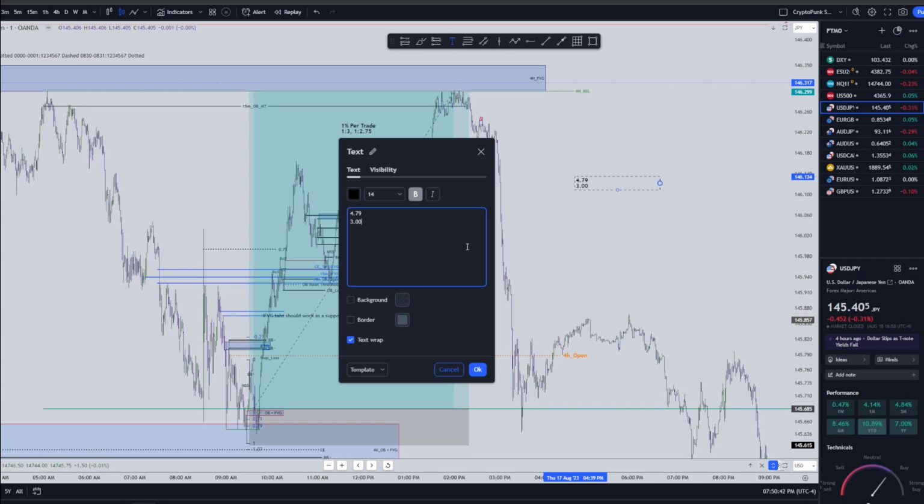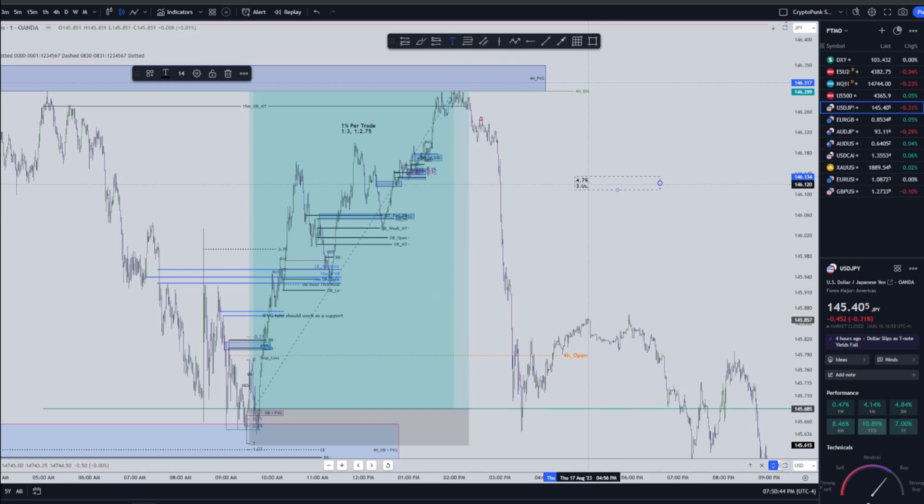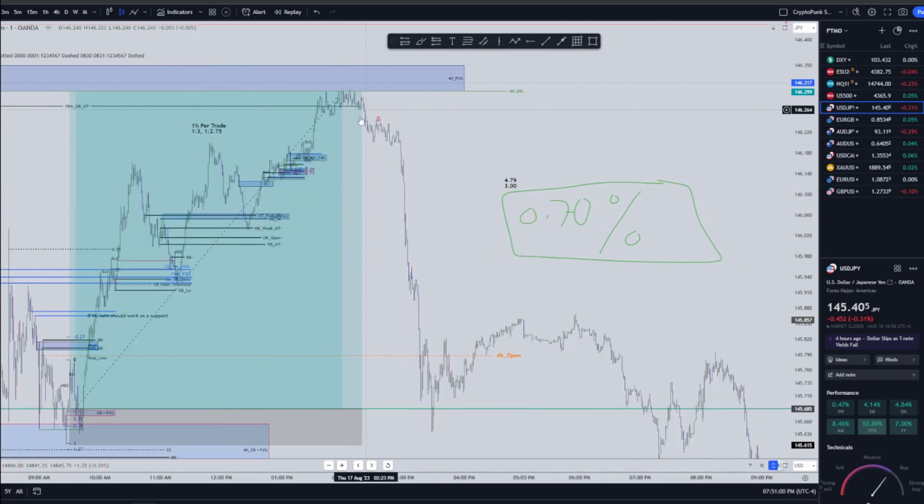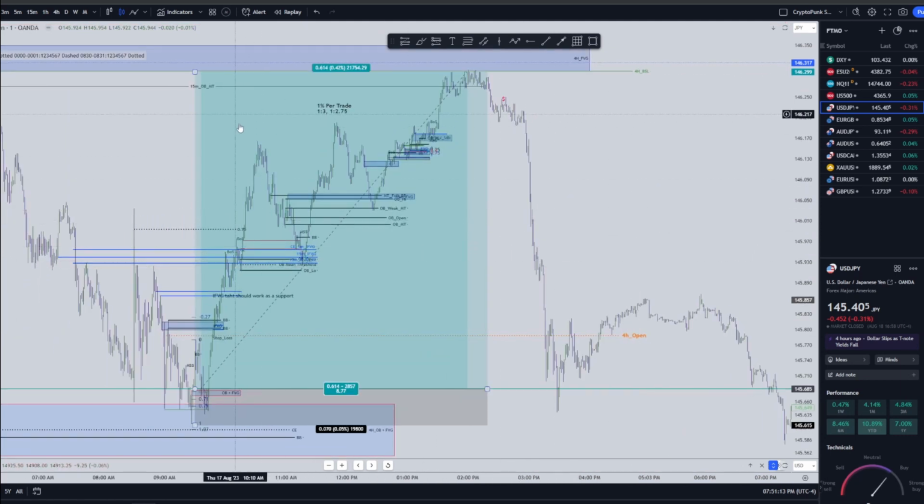So that gave me around 0.70% instead of 1% risk. This is where I cheated a little bit, and as a result, I didn't make the full profit that I could have made with my original plan, which was 1% risk and whatever the liquidity target is, but a minimum of 1:3. That's what I usually target.